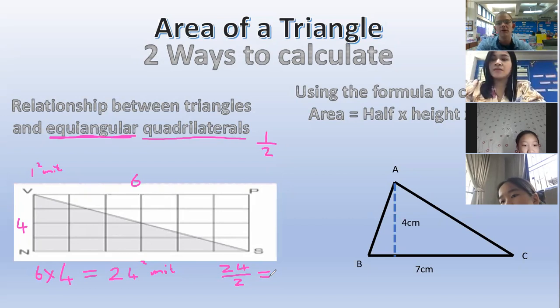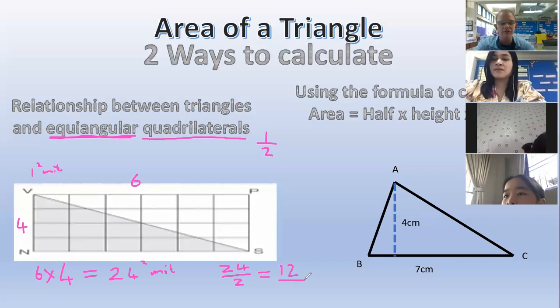How much is 24 divided by 2? Equals 12. 24 divided by 2 equals 12.